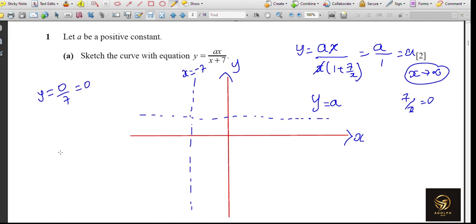So the curve is passing through the origin. So we can draw the curve like this, and here it should go like this, which means it should have these two branches. So these two things are the curves. Let's go to the next one.